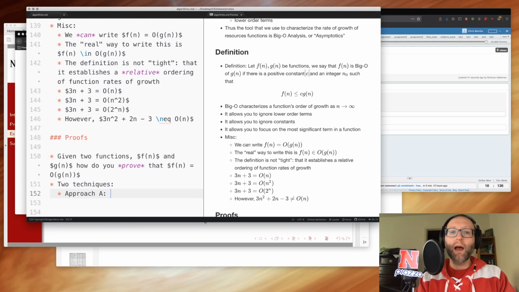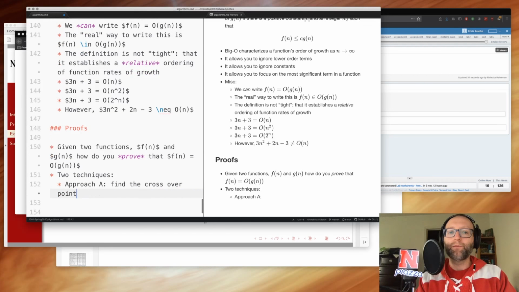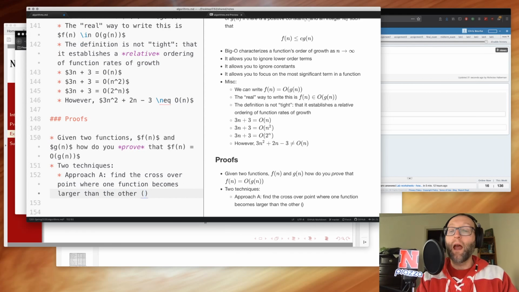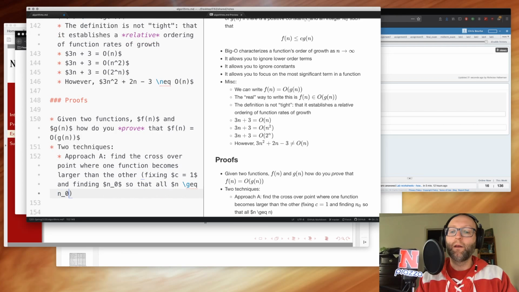Approach A is I'm going to find the crossover point, where one function becomes larger than the other. This corresponds to fixing c to be 1 and finding n naught, so that for all n greater than or equal to n naught, the inequality holds.